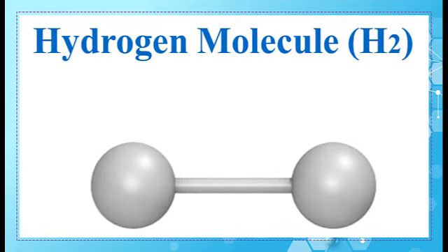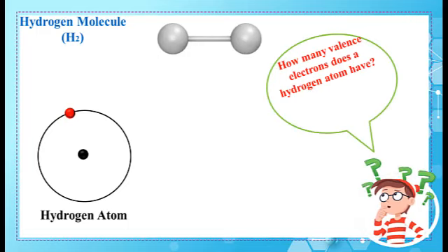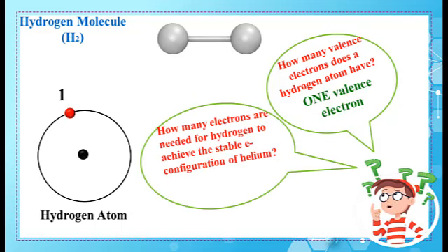Consider this model of a hydrogen molecule H2. What is the type of bond between the two hydrogen atoms? How many valence electrons does a hydrogen atom have? It has only one valence electron. Now, how many electrons are needed for hydrogen to achieve the stable electron configuration of helium?